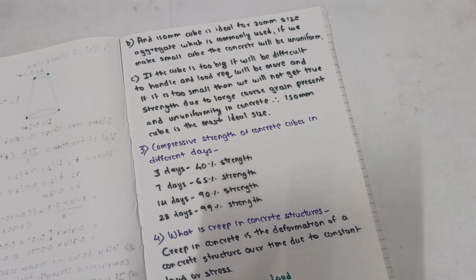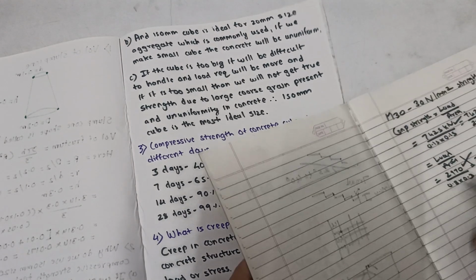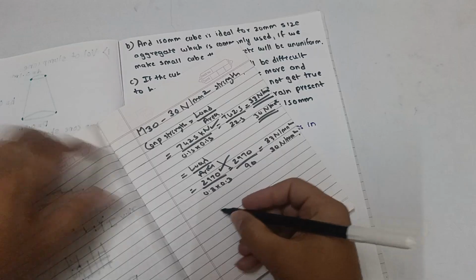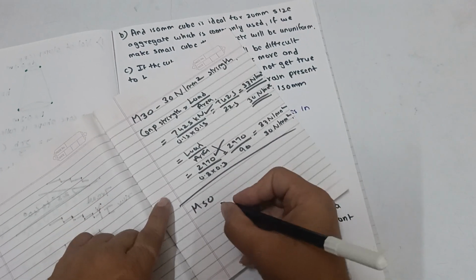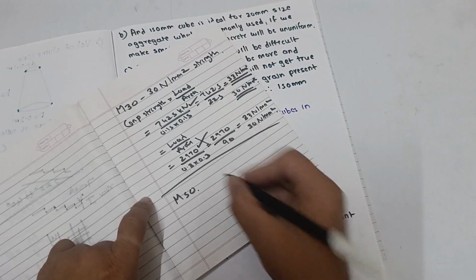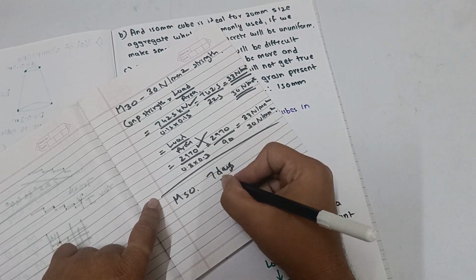For example, if we take M50 grade, so for 7 days, what is the strength required?